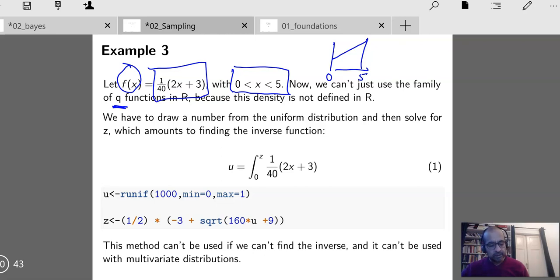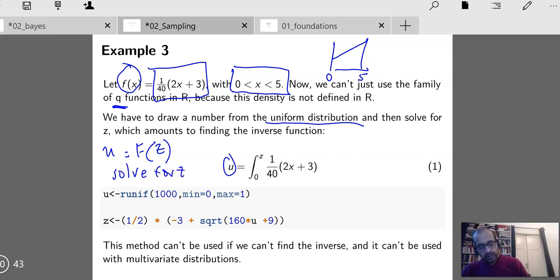So what we're going to do now is, as before, take a random number from the uniform 0,1 distribution, and then equate that random number u to F(z), the CDF of that distribution, and then solve for z. I'm not going to do the calculus to show you how this is done because it requires a background in calculus and we are not assuming that in this course.